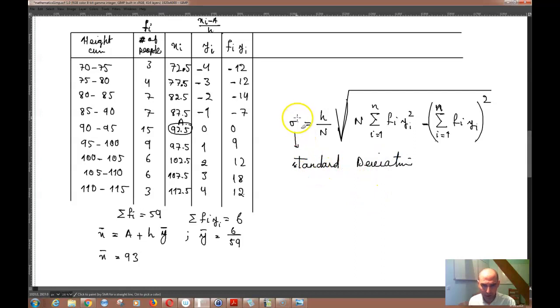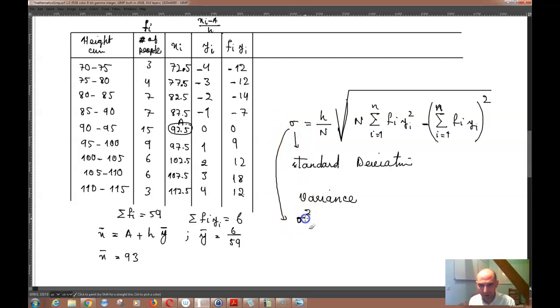Now to calculate variance, I'm sorry, I'm not sure if I'm using the right word here. To calculate variance, you need to take this sigma and raise it to the second power.